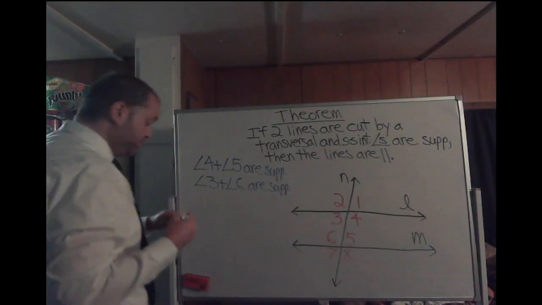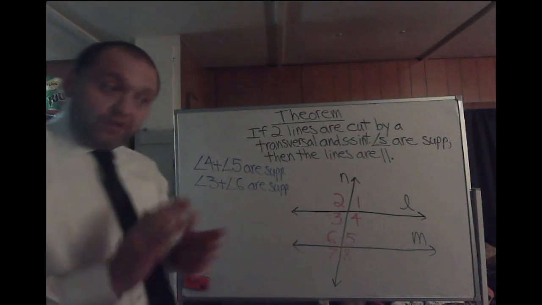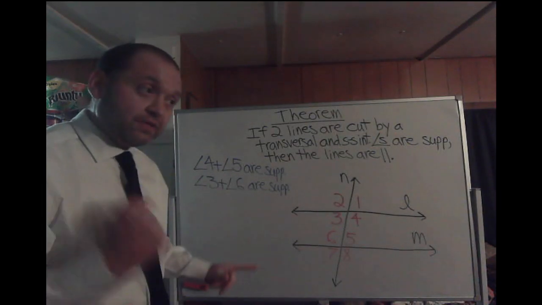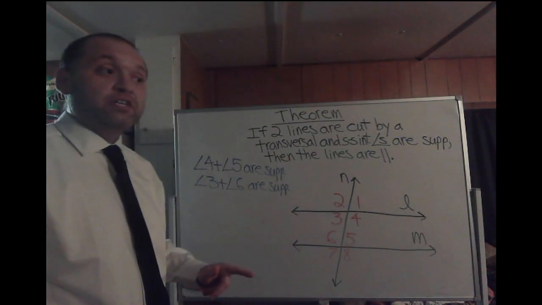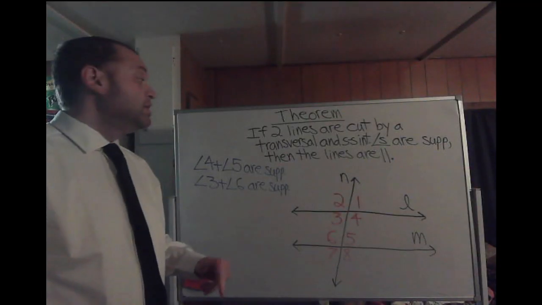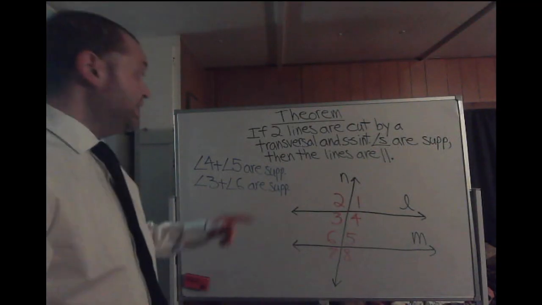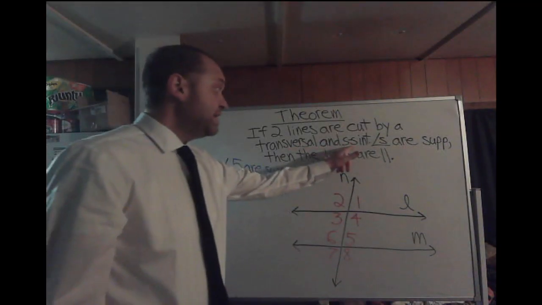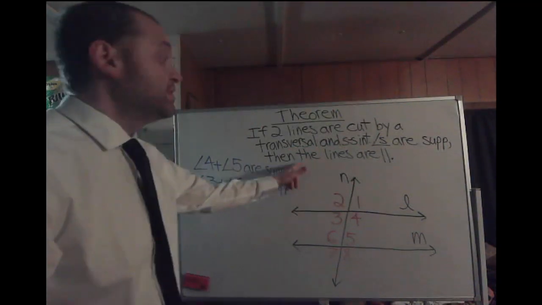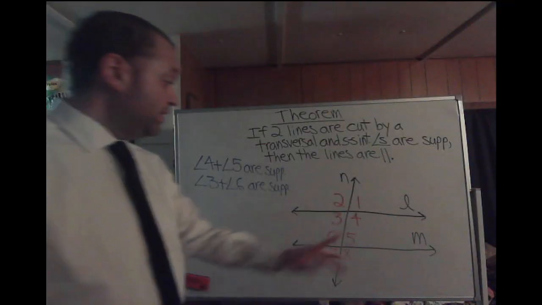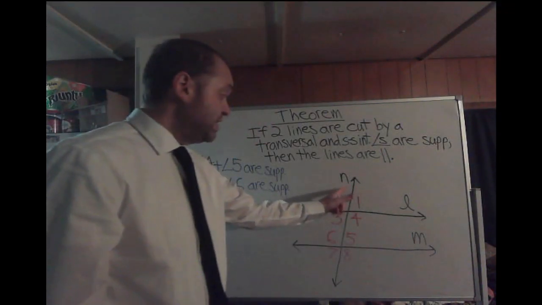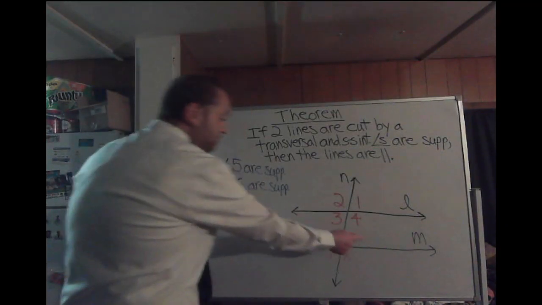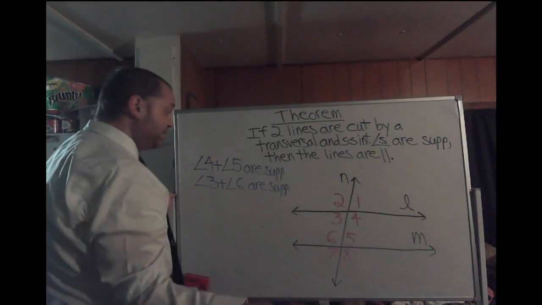Okay, so we also talked about a theorem last lesson that stated if two lines are parallel and a transversal cuts those two lines, then same side interior angles are supplementary. Well, we have the converse of that theorem today. It states if two lines are cut by a transversal and same side interior angles are supplementary, then the lines are parallel. So here again, we have lines L and M cut by transversal N. They give us that angles 4 and 5 are supplementary, being same side interior angles.